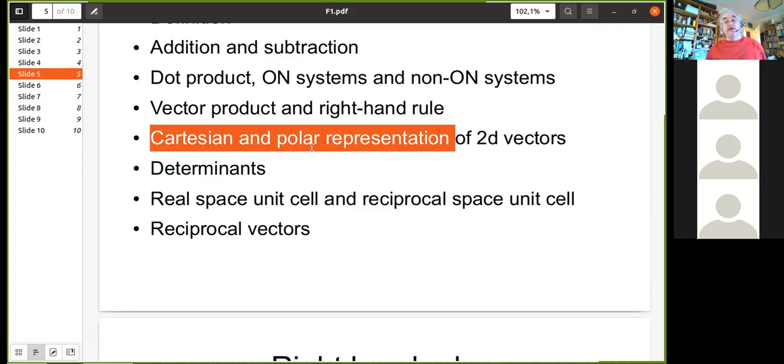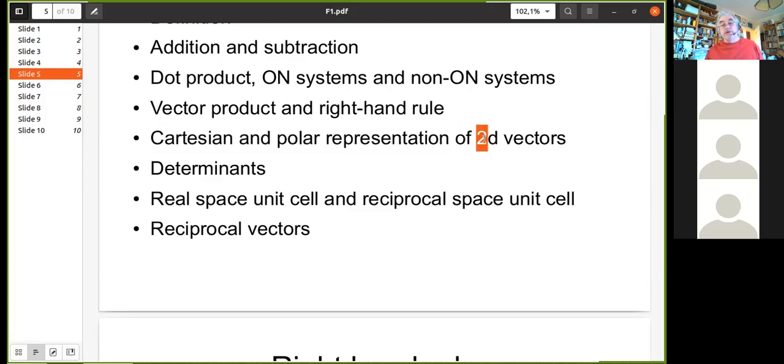In 3D, you need 2 angles and a length, and in 4D, 3 angles and a length, etc. It's used in 2D and 3D very commonly. We will see it mostly in 2D when we represent the structure factor as a vector in a 2D complex plane, but it's just a slightly different way of visualizing a structure factor.